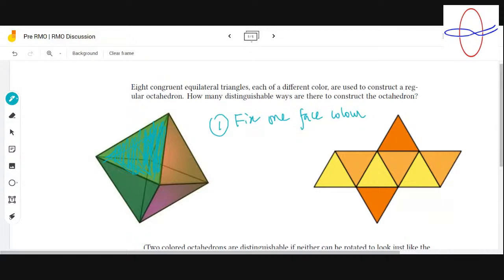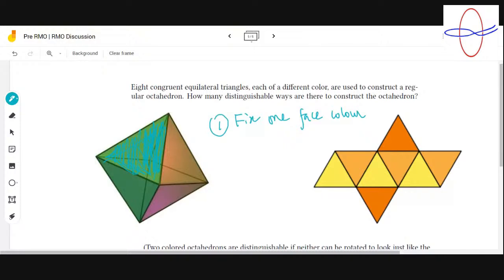Nice answer, Shujal. Tell me, how did you get it? Yes, perfect, Kanishk. So for all colors, it will be 7 factorial by 3. Tell me, how did you get it? Suppose you fix one color as blue.